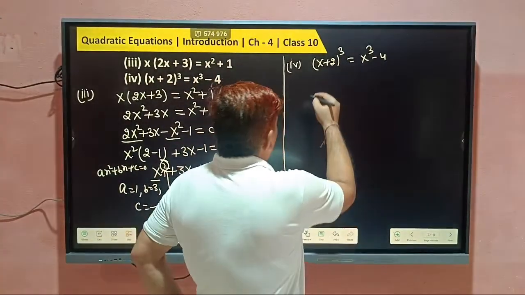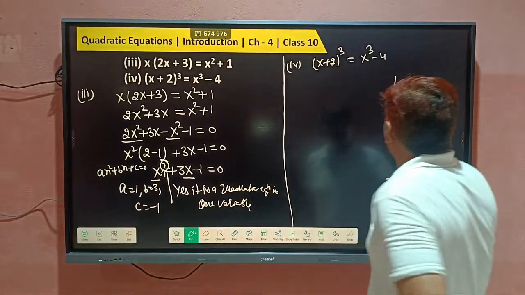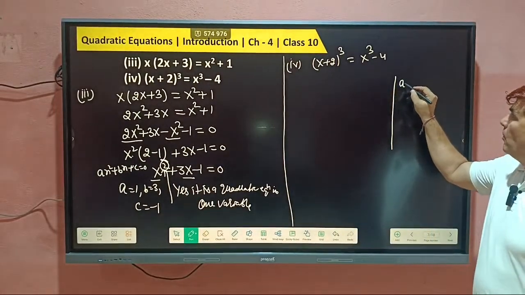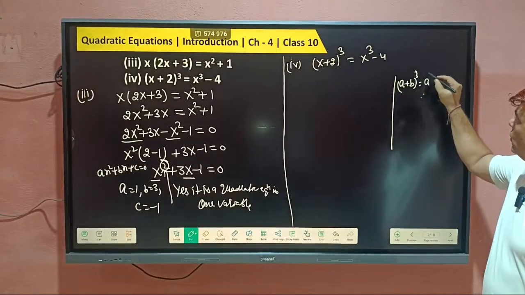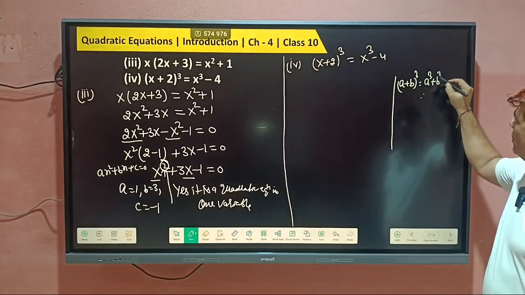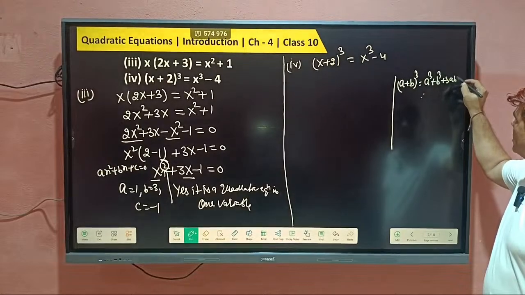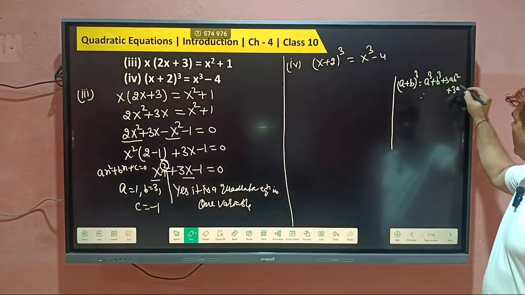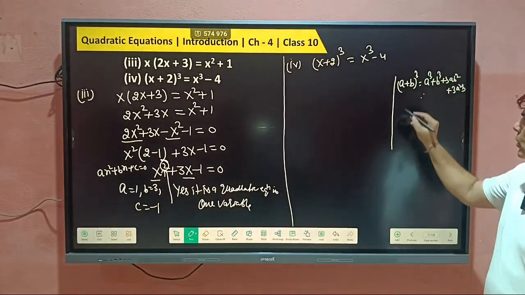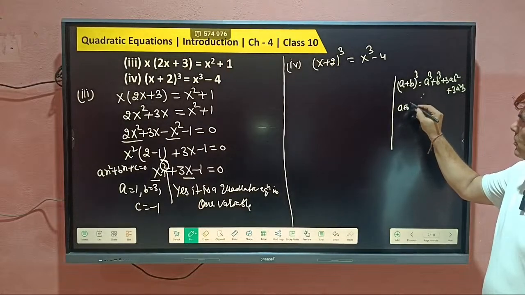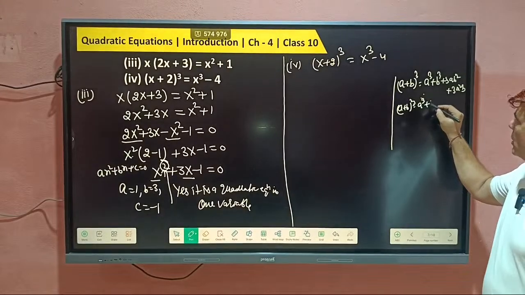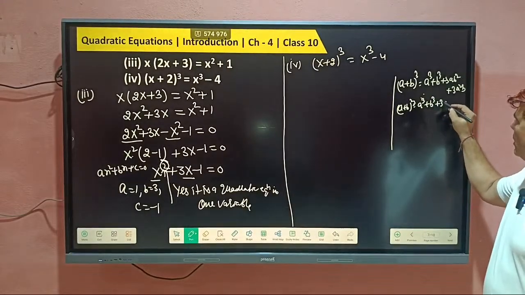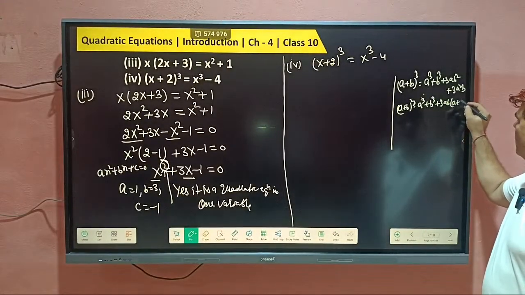So how can we write it? a plus b whole cube is equal to a cube plus b cube plus 3ab square plus 3a square b. Or in this way also we can write: a plus b whole cube equal to a cube plus b cube plus 3ab into a plus b.